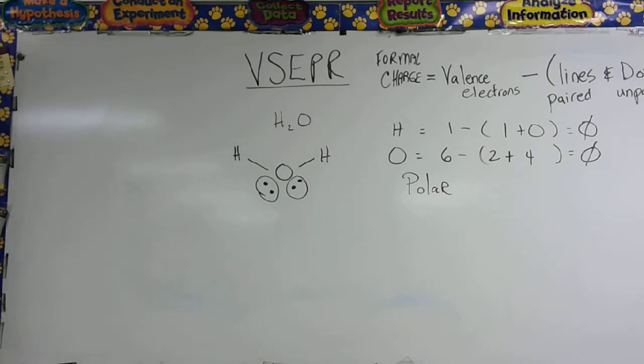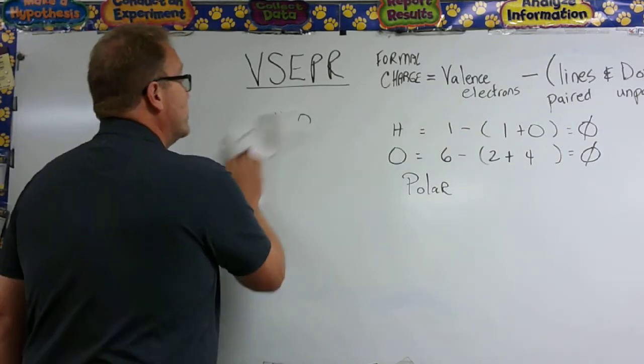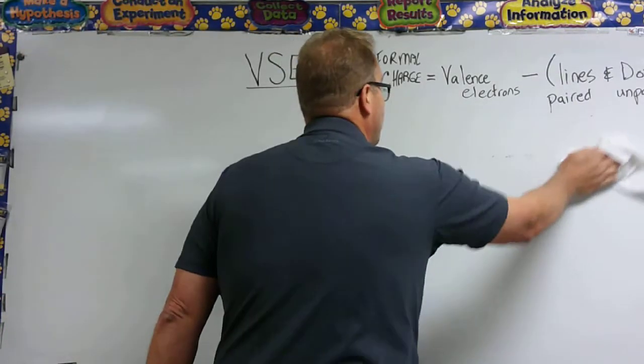So take a second to look at it, and perhaps ask some questions in the future. We are going to have to classify shape, but I'll show you how to do the shape part. We're not going to worry about it at this point. So we're just worrying about the polar part first.